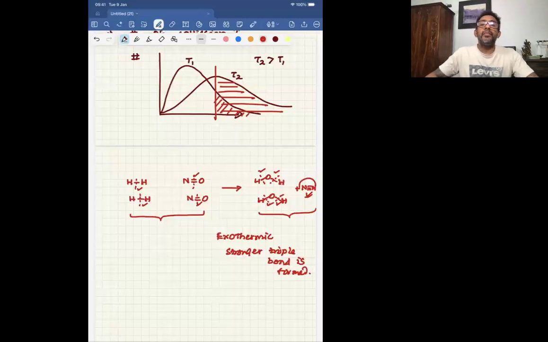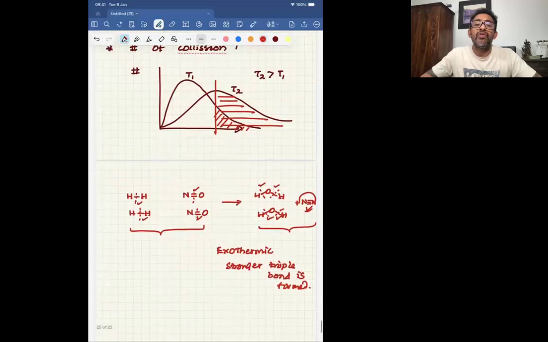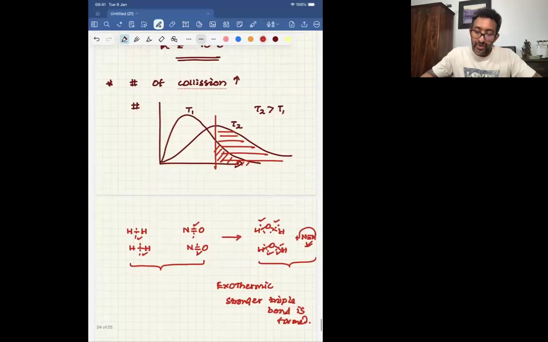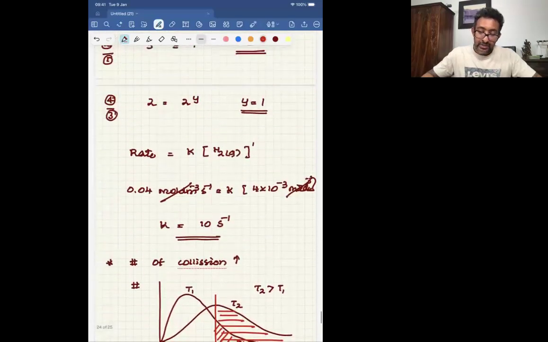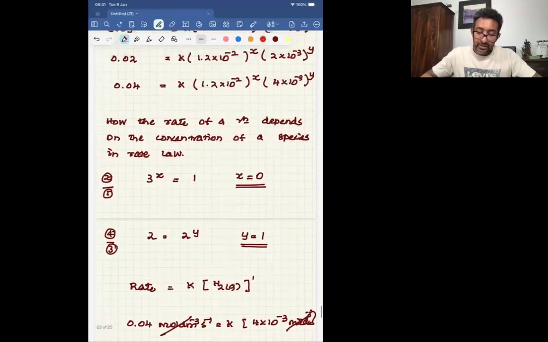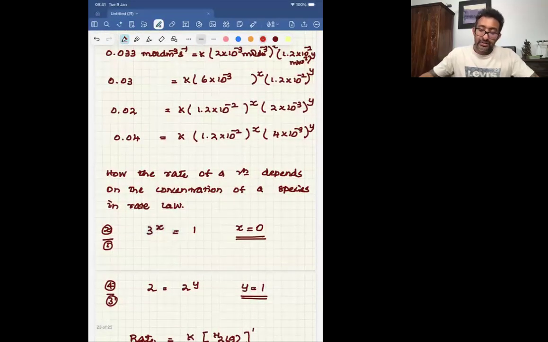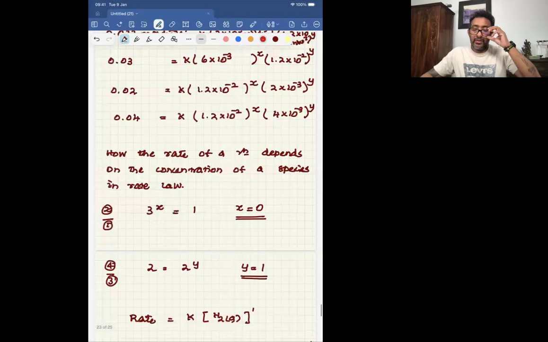I calculated x after finding y by dividing equation 4 by equation, and it was 2 divided by 3. Again, you should get the same answer, 2 divided by 1.2.